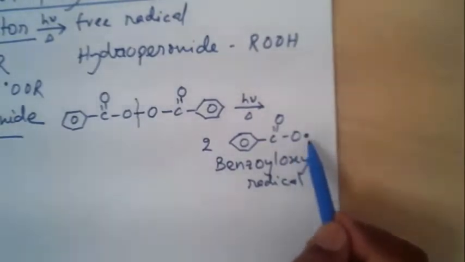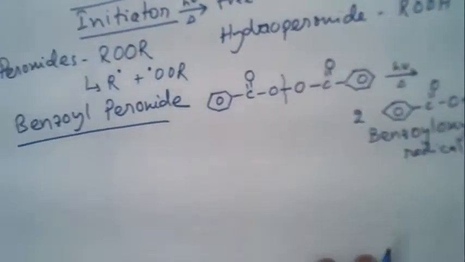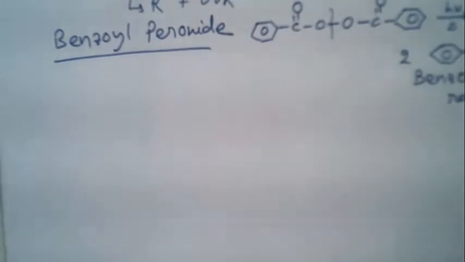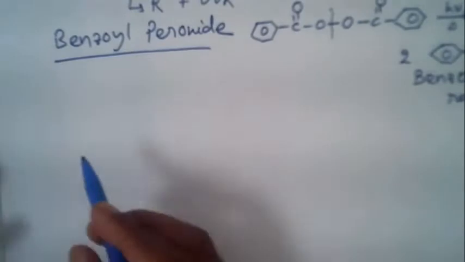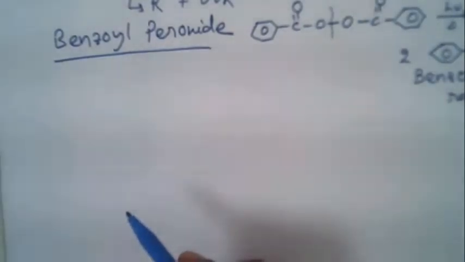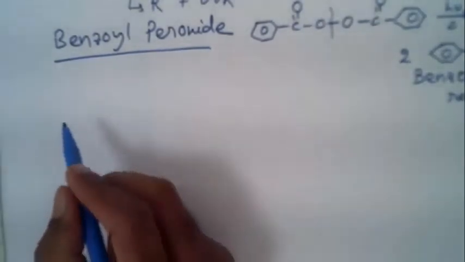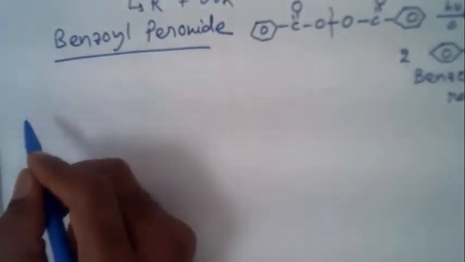This radical will attack an unsaturated double bond. To make a polymer by addition polymerization, what you require is an unsaturated bond, which we have already discussed. Let us take the simplest molecule, ethylene, and try to understand the mechanism.